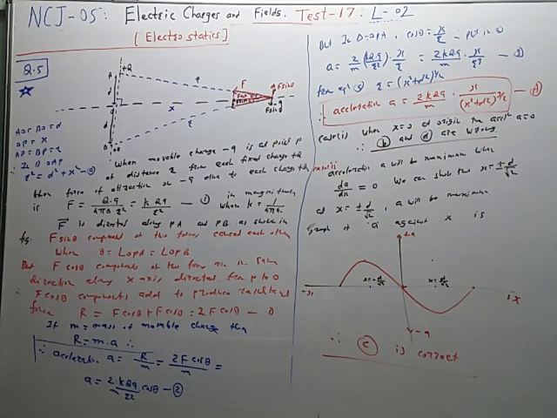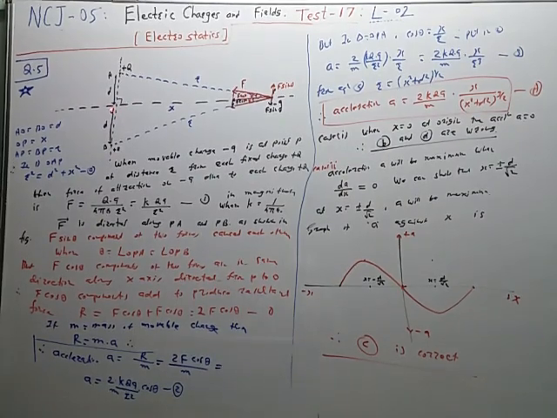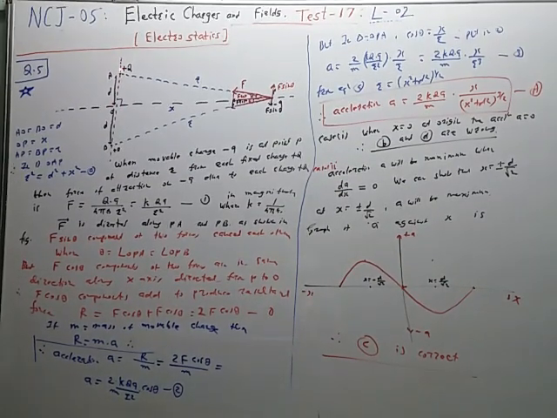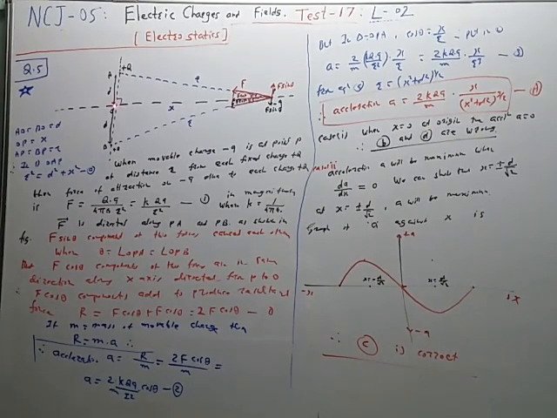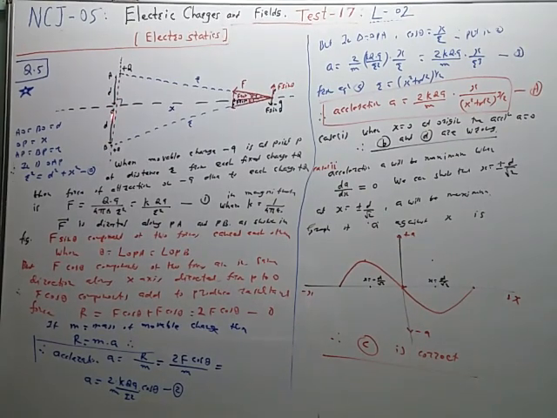Actually, in this case, the charge is minus and both the charges are positive. So it is attracted like this. When it reaches the point A, the two attractive forces will be like this. The force of attraction due to the charge plus Q at A will be in this direction. Due to B, it is in this direction. So these two forces will cancel. So definitely the force will become zero, means the body will come in equilibrium.